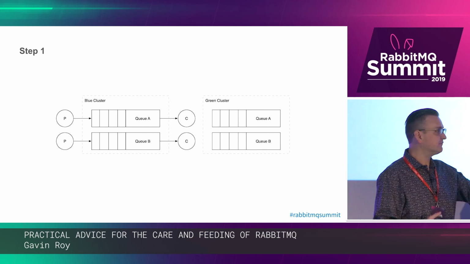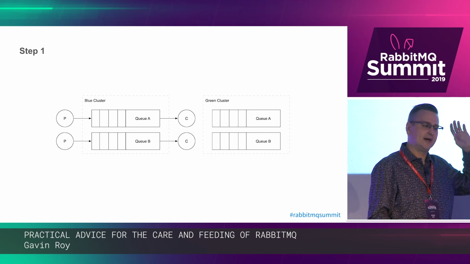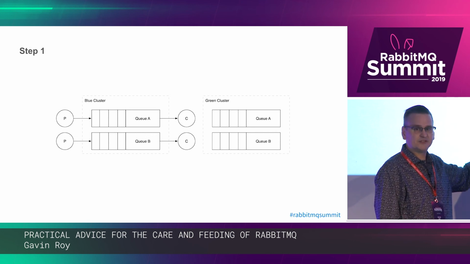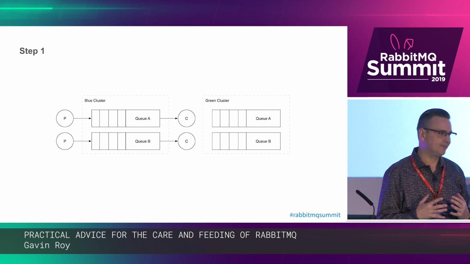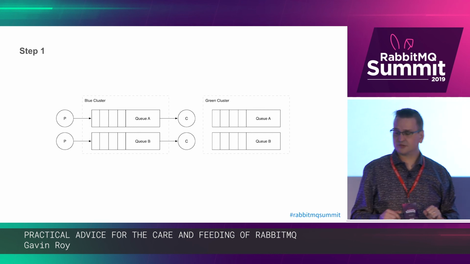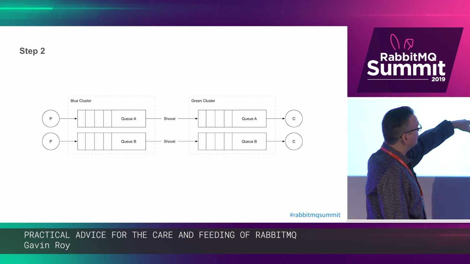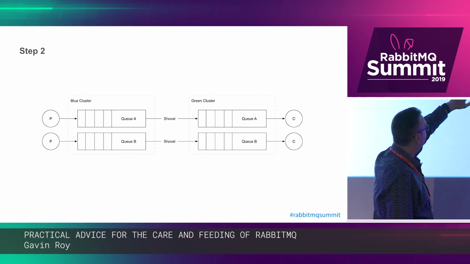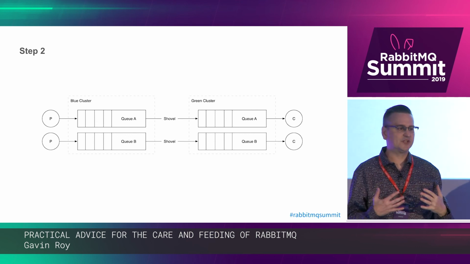So let's use configuration management, stand up our new cluster on new virtual machines or as a new set of a deployment in Kubernetes or whatever your topology looks like. And then we've got our publishers and our consumers on our blue cluster. And we simply move our consumers over to the green cluster, and we use shovels to bridge the two clusters together.